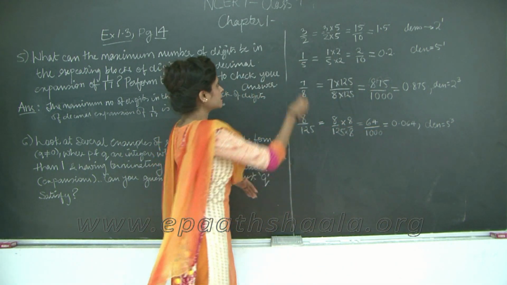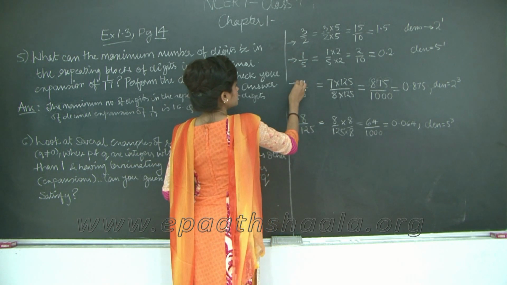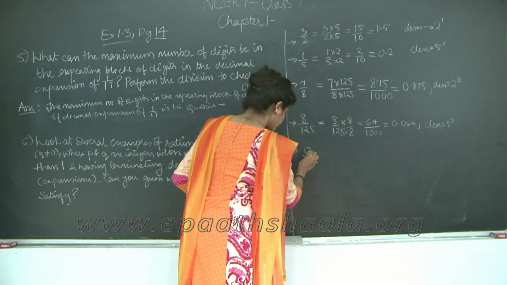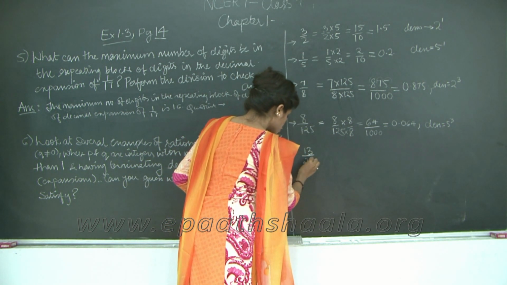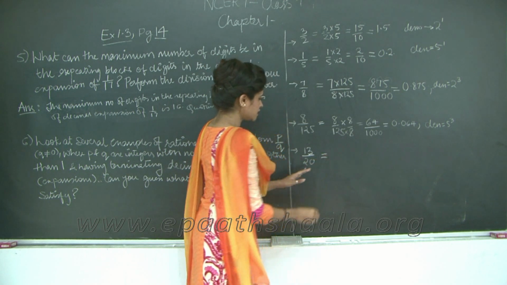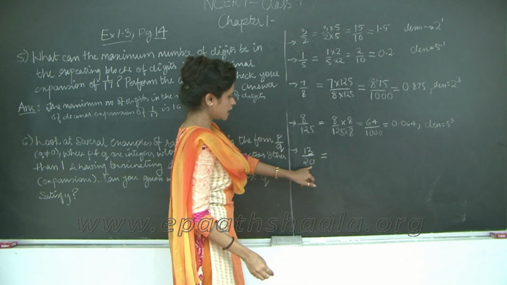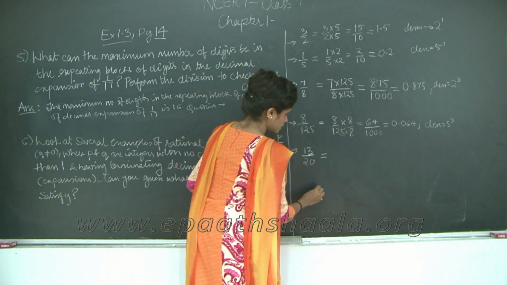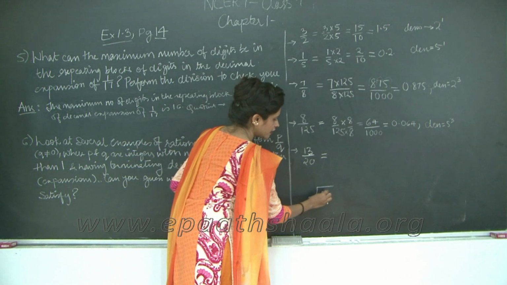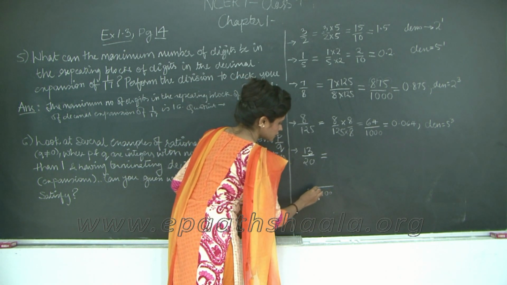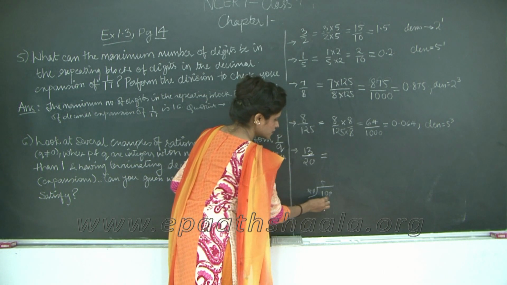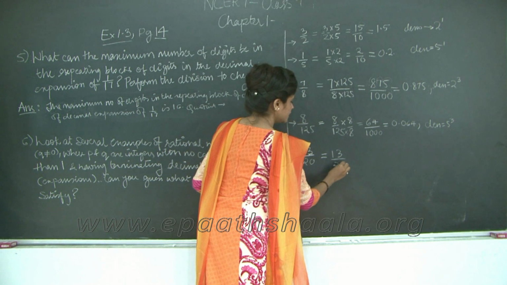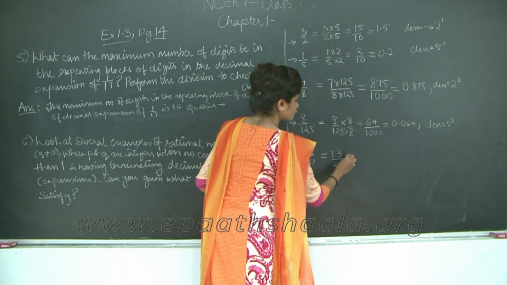Let's take a look at another example. We have 13 upon what number can I take? 20. So you see that 20 is a multiple of 5 and 10 and 2, right? So what do I do now? Closest to 20 which will divide 100. How? So 20 into 5 is going to give me 100. So 13 upon 20 into 5 upon 5.